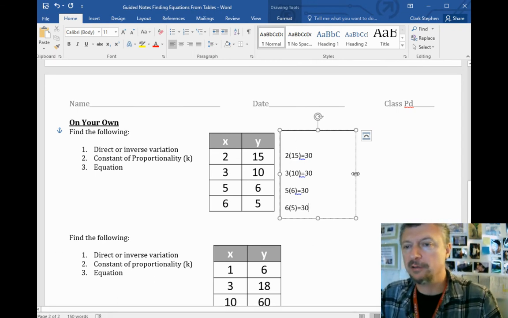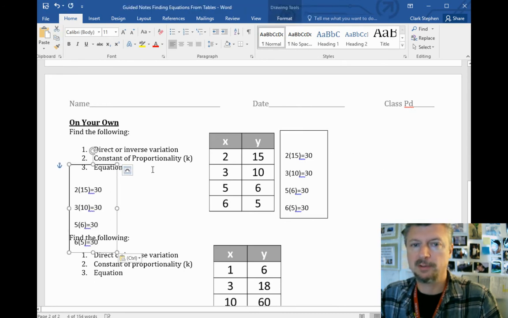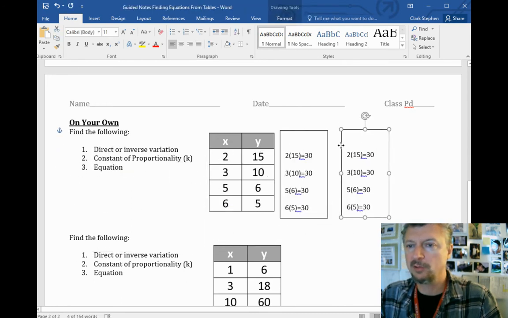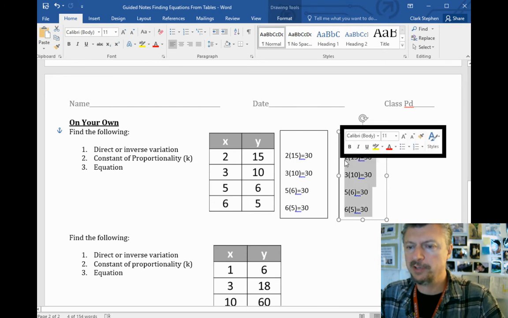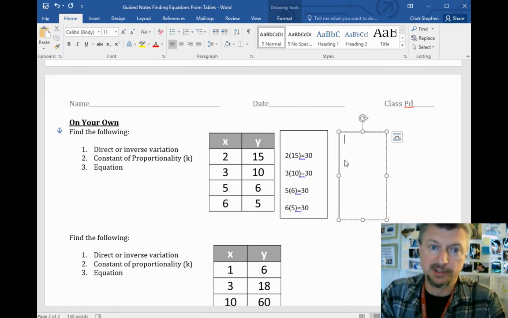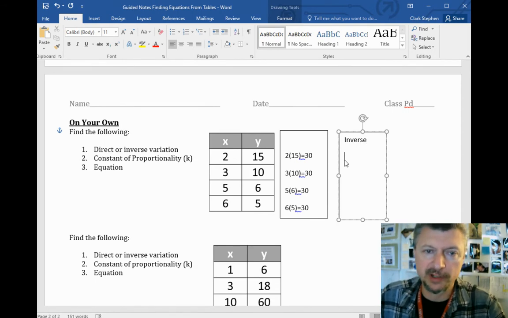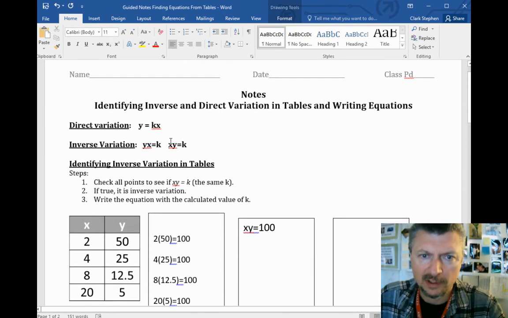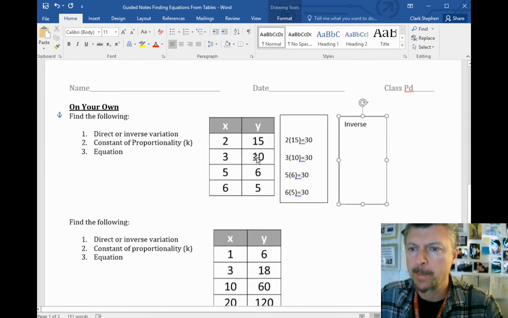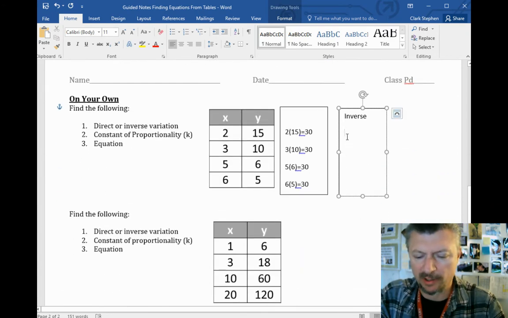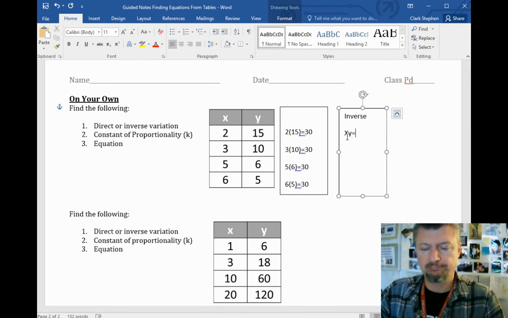So you can write somewhere, get these boxes copied, make some more stuff. So you're going to write it's inverse, because it asks, is it inverse? And then the inverse equation, if you look back up here, is yx equals k, or xy equals k, same thing. So I'm going to do the xy, that's x times y, equals, what does it equal?